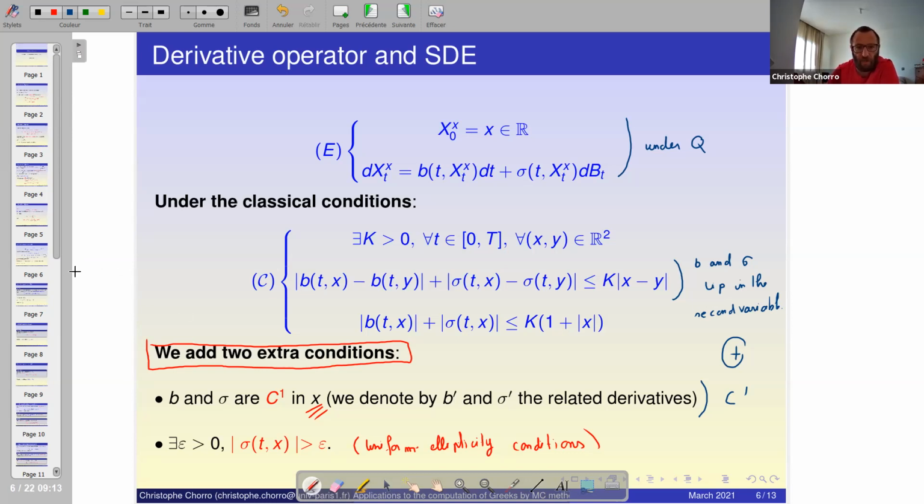Now we are going to explore the link between the derivative operator in the Malliavin sense and the solutions of my stochastic differential equation.